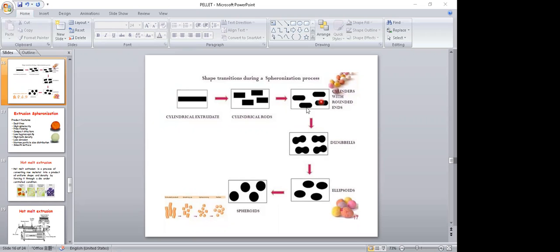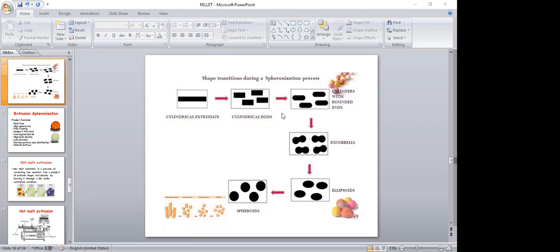As you can observe the difference between these two diagrams. Then further, dumbbell-like structures form. Again, with further rotation, it gets converted into an ellipsoid particle, and then finally you get spherical pellets by the extrusion and spheronization technique.